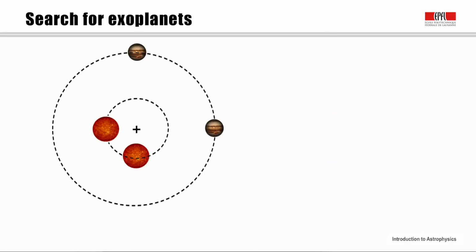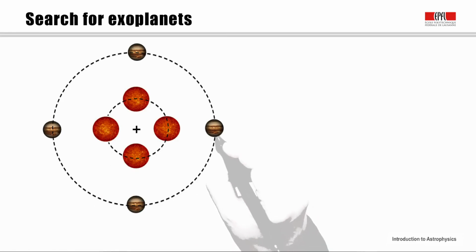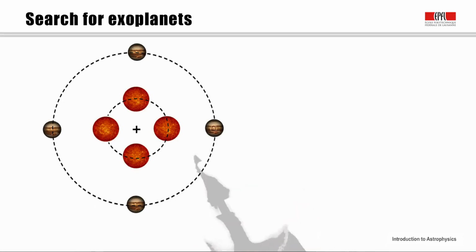Let's see what happens when the planet rotates about the center of mass of the star-planet system. Representing a few positions during the planet's rotation and drawing what is happening at each position. Here is the star and its planet at position 1.